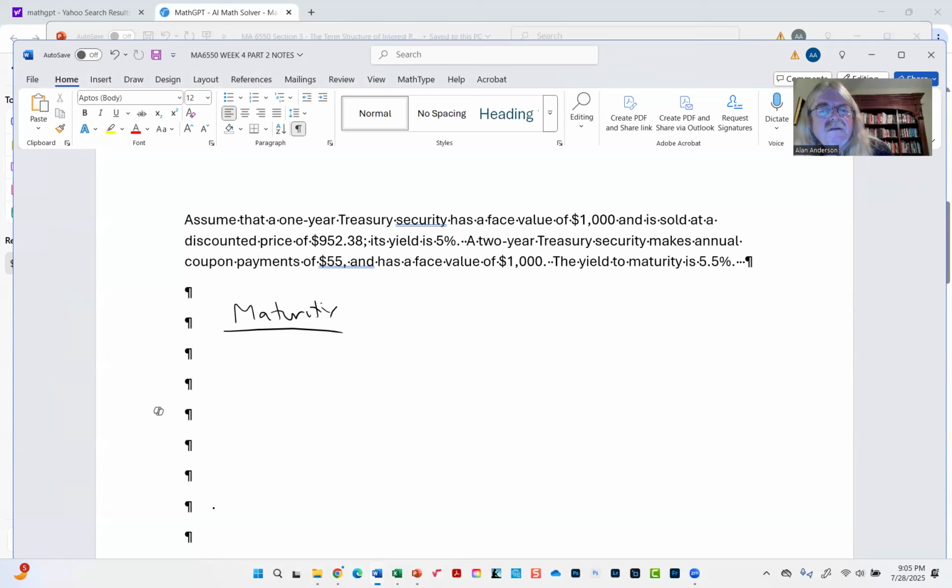The maturities, we're typically going to assume that their face value is $1,000, so I don't need a separate column for that. The 1 year treasury has no coupon. The price is $952.38.